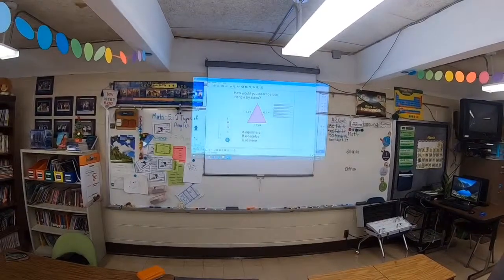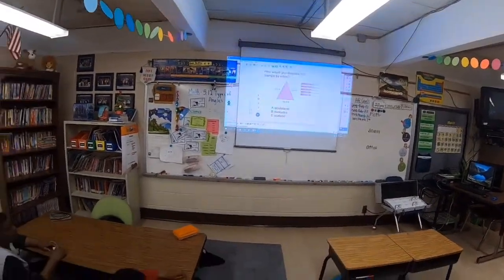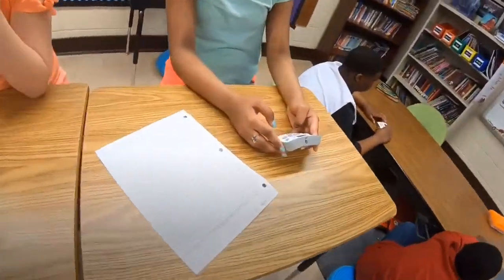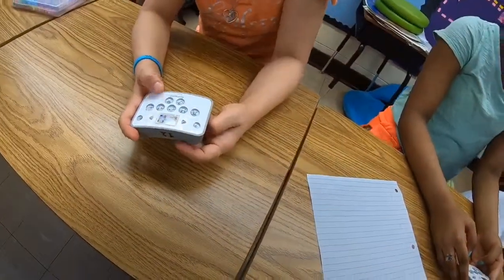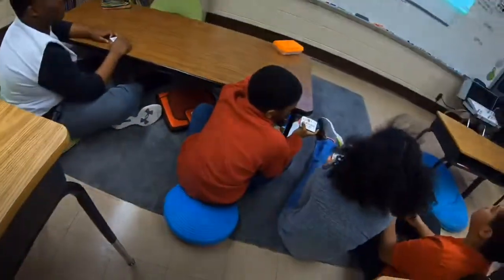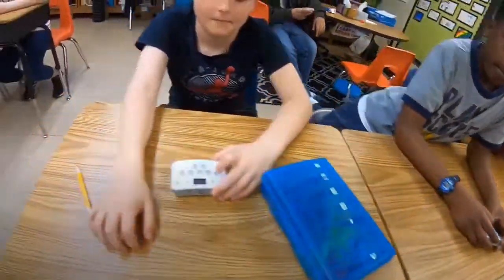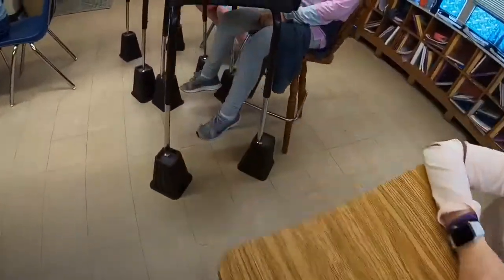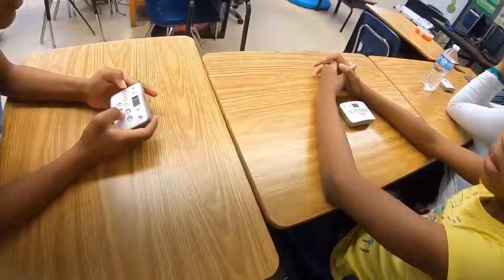Go ahead and click in with what you think it is: equilateral, isosceles, or scalene. When it goes away, you're good. All right, let's see how we did.